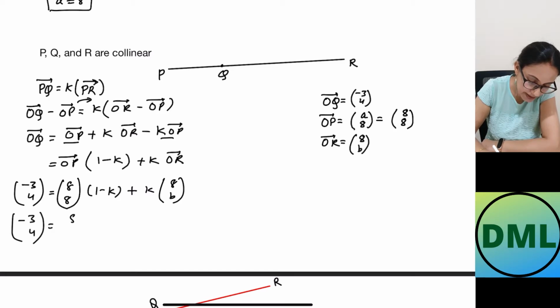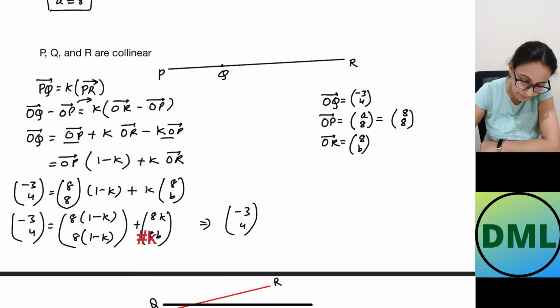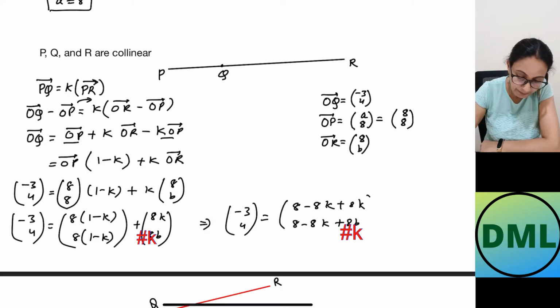That will be written as 8 bracket 1 minus K, 8 bracket 1 minus K plus 8K and 8B. Now, let's add it here. It will be -3, 4, that is equal to 8 minus 8K plus 8K, and it will be 8 minus 8K plus 8B vector.